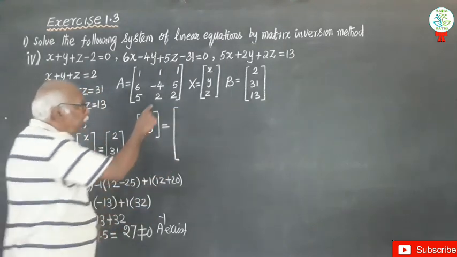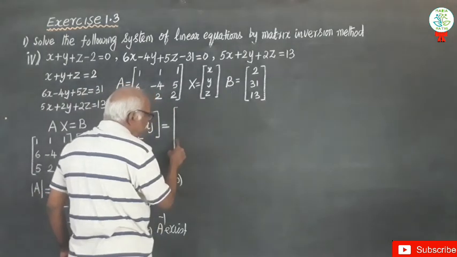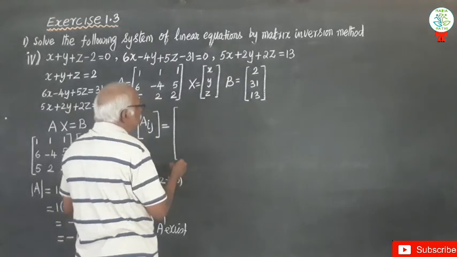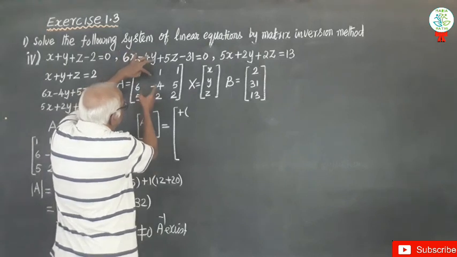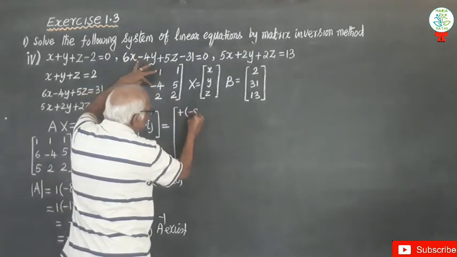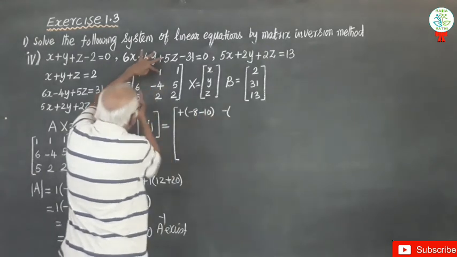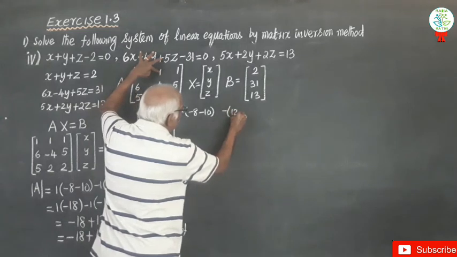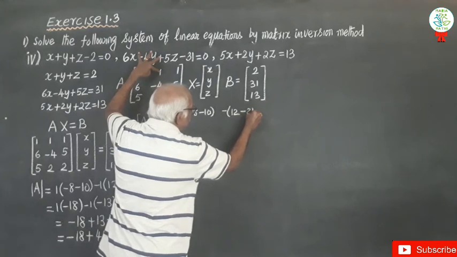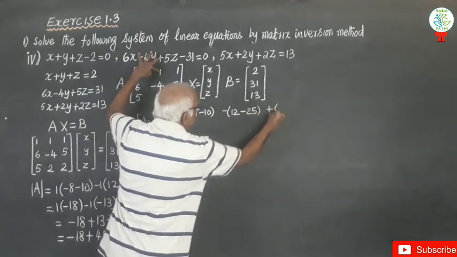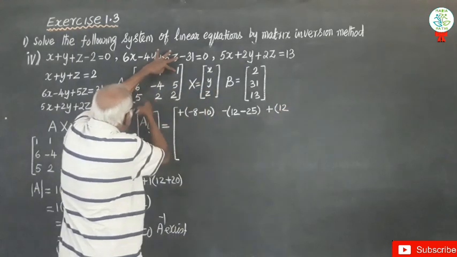Cofactor matrix signs: plus, minus, plus, minus, plus, minus, plus, minus, plus. First plus: 1 into minus 8 minus 10. Then minus of 6 into 2, 12, minus 5 into 5, 25. Plus 1, 6 into 2, 12, minus 20.